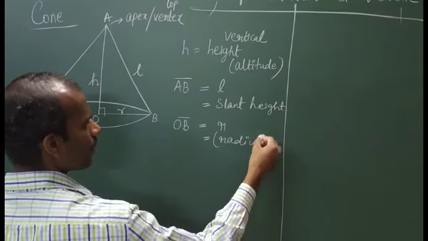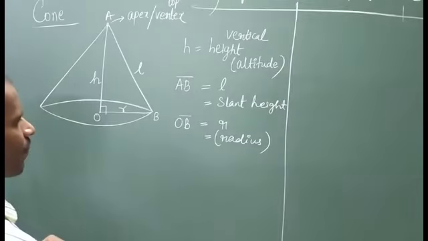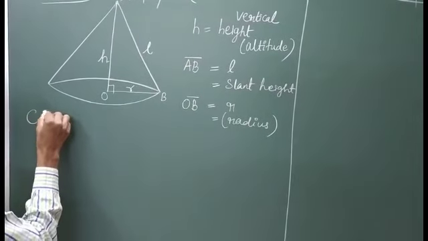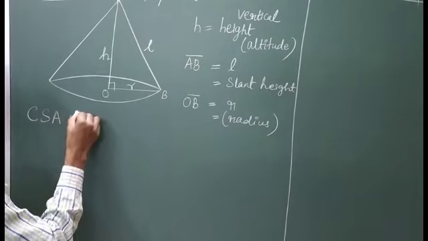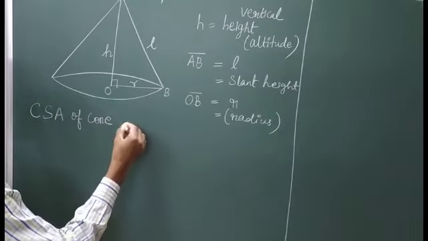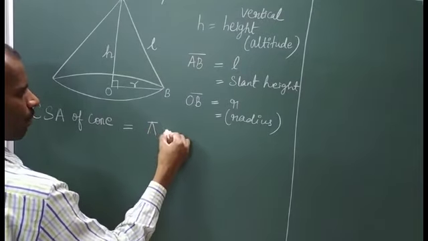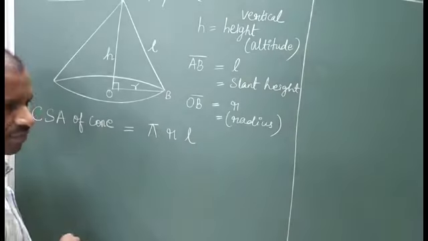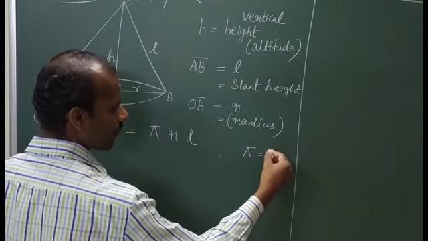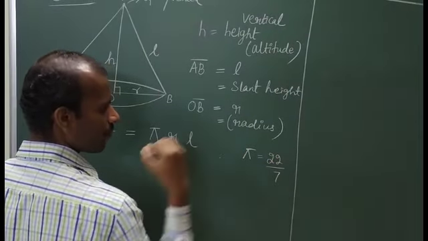Now, the curved surface area of the cone is given by the formula pi r L. Unless specified, the pi value is equal to 22/7.